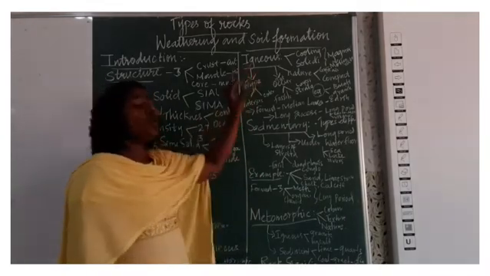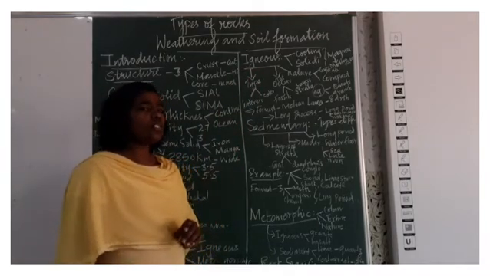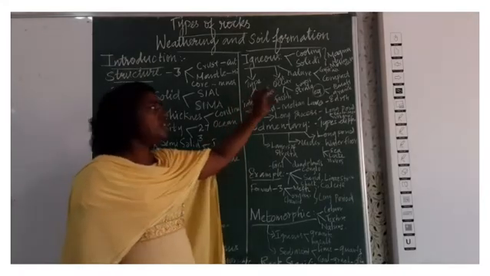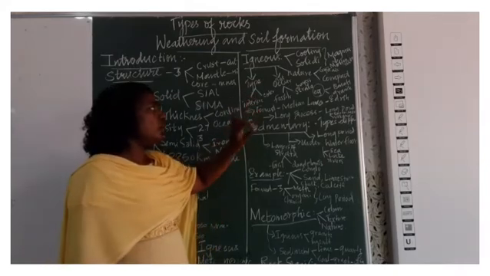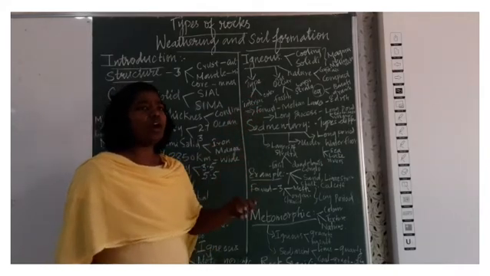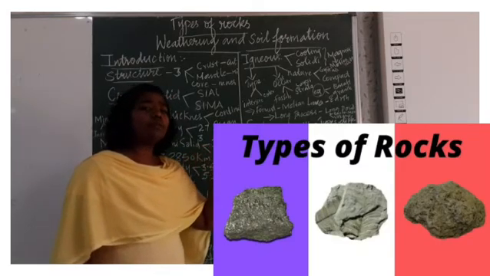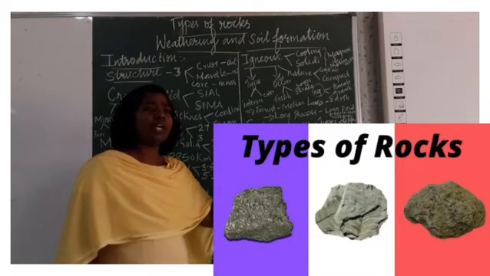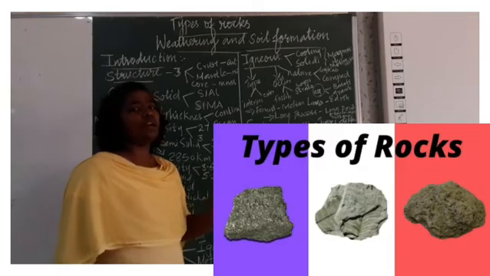Now, there are two important types of igneous rocks. The first one is intrusive rock, another one is extrusive rock. How are intrusive rocks formed? Intrusive rocks are formed because the molten lava does not come out, but solidifies in the interior of the earth.